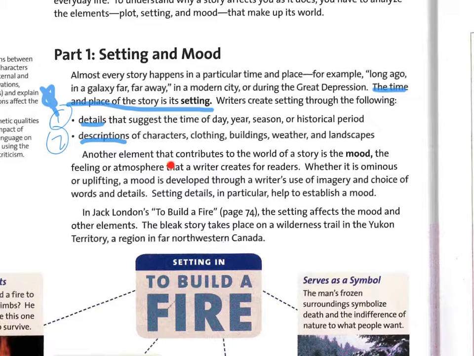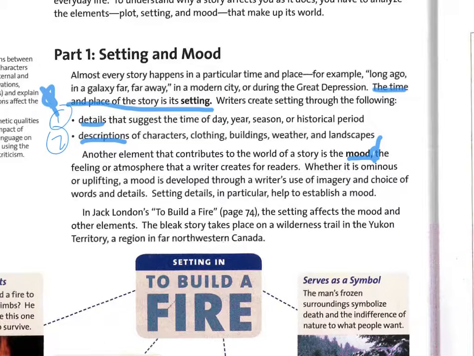Another element that adds to the world of a story is the mood, the feeling or atmosphere that a writer creates for readers. You see this comma? That comma is telling you that after the bold word mood is the definition of mood.